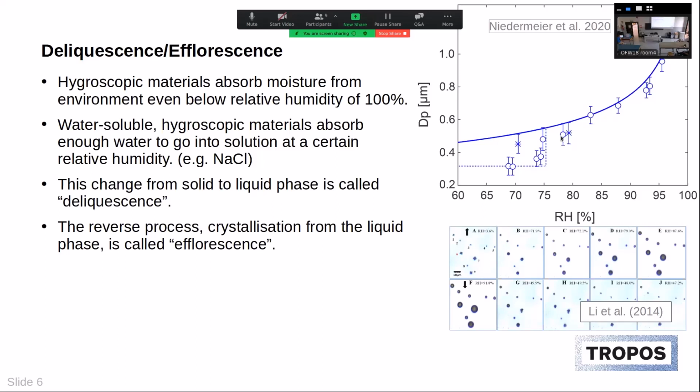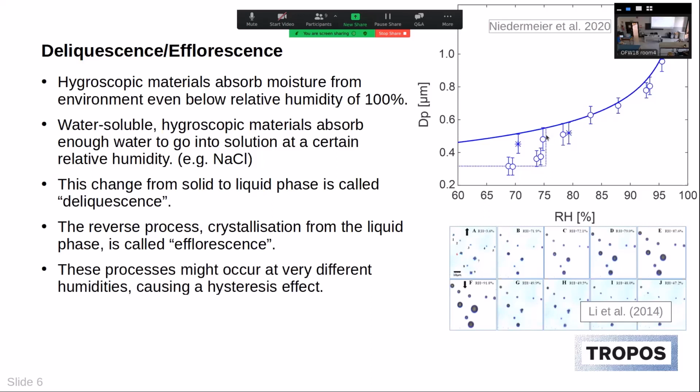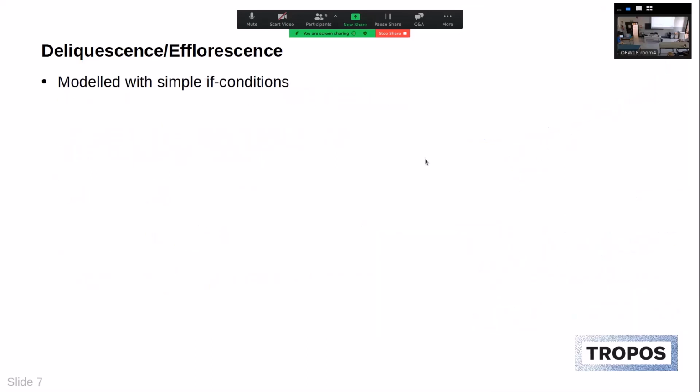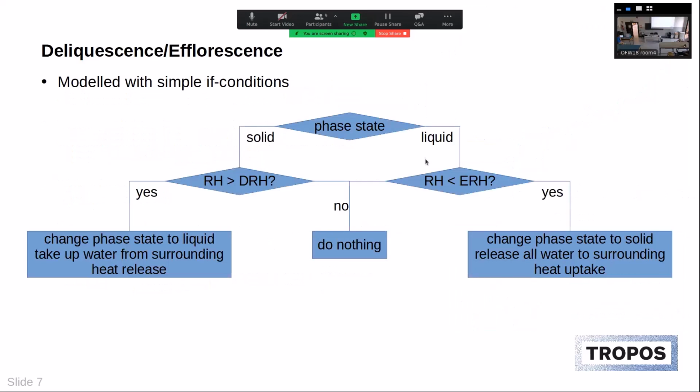For example, the efflorescence relative humidity for sodium chloride is something like 50%, and the deliquescence relative humidity is 75%. So these processes might occur at these different humidities, and this causes a hysteresis effect, and then you have this hysteresis loop here. We modeled this with simple if conditions like this.